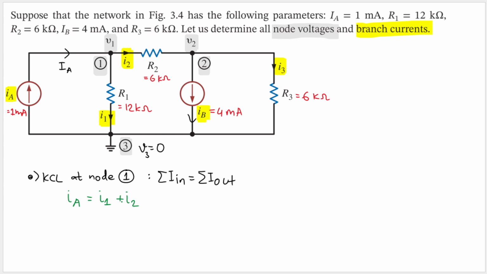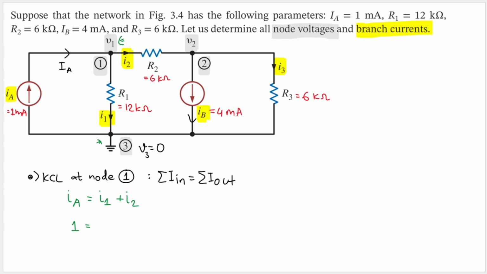Okay, let's plug what we know from here. So we know that IA is equal to 1 milliampere. And then I1 is this here, but we don't know it yet, right? But then we can use Ohm's law to calculate I1 here, which is this voltage here minus this voltage here.